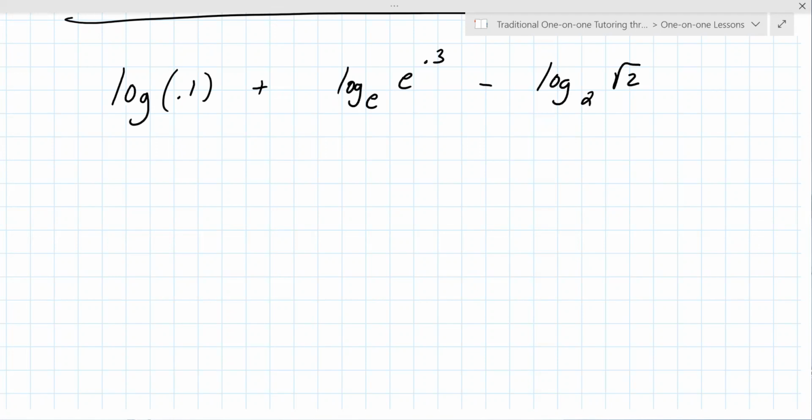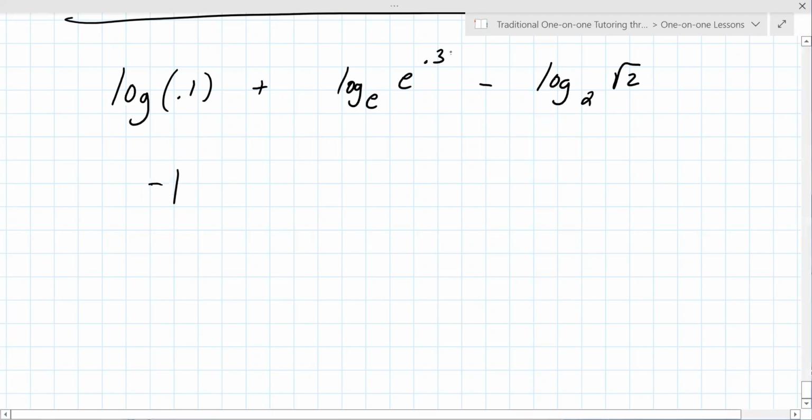So the first one would be -1, right? Yep, I agree. What do you do if the exponent is a decimal?